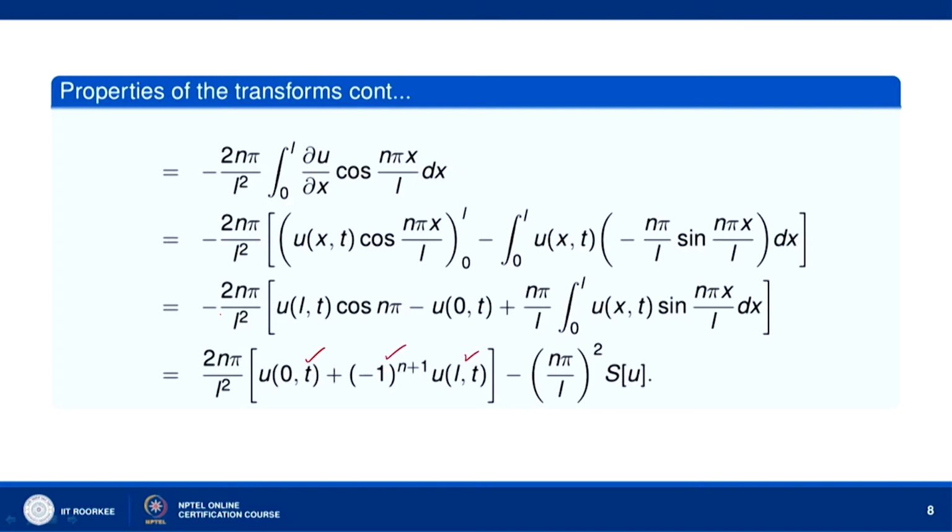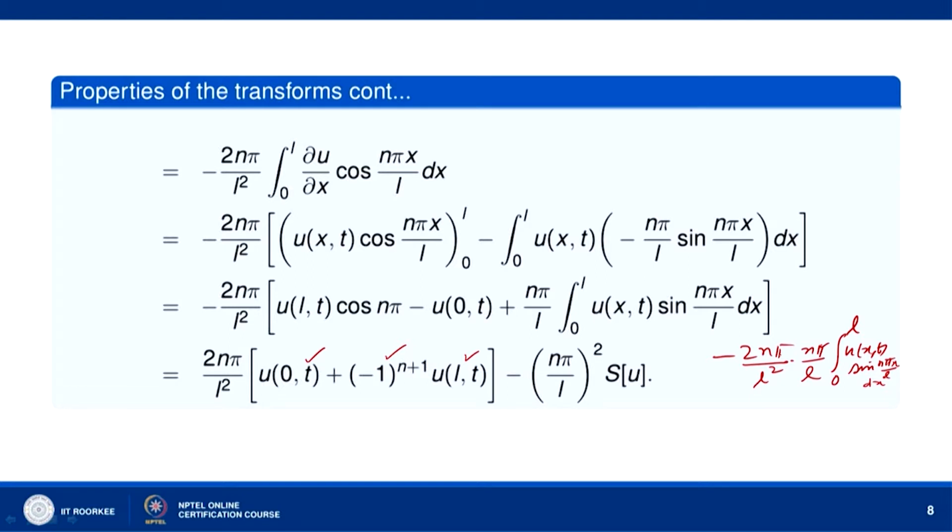So, this we multiply, and then this minus 2 n pi over L square is multiplied to this, n pi over L integral 0 to L of u x t sin n pi x over L dx.